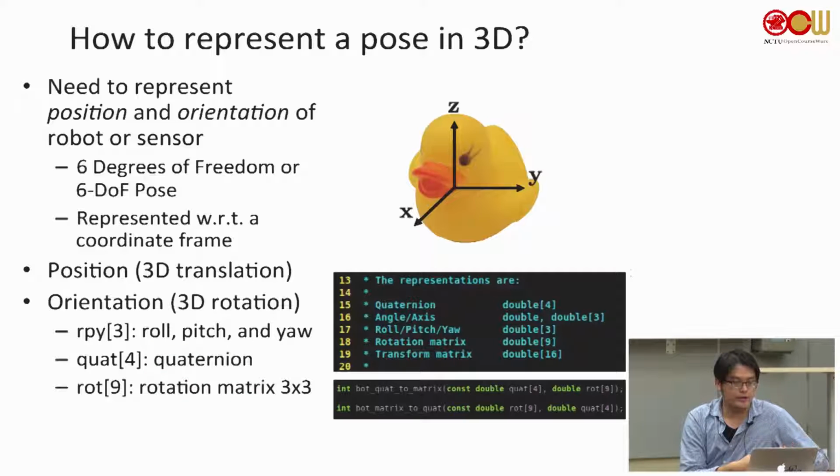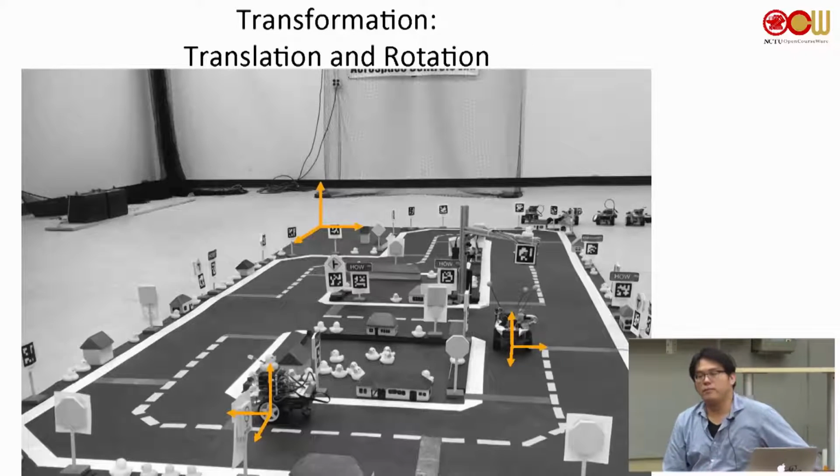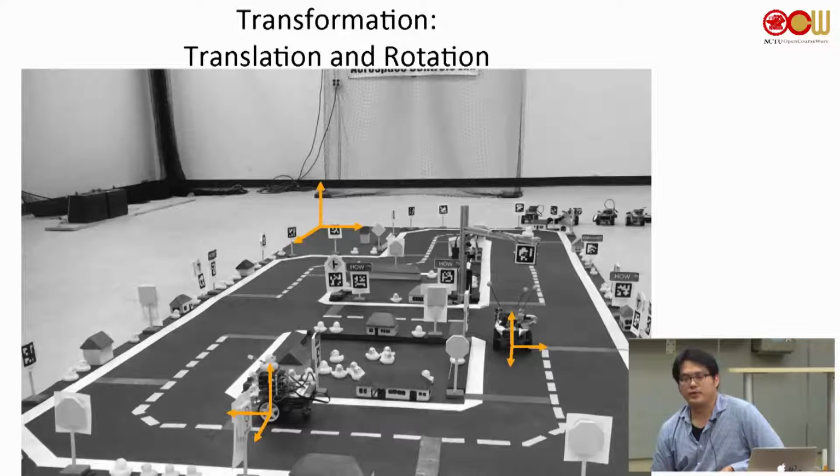You can also use a rotation matrix. It's a 3x3 matrix, and it will show exactly the same thing. I personally like the rotation matrix a lot because it gives us very easy to understand matrix multiplication.